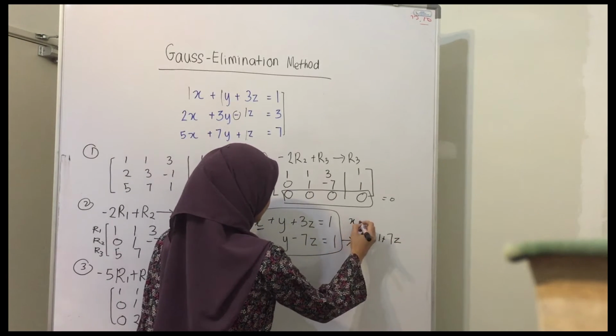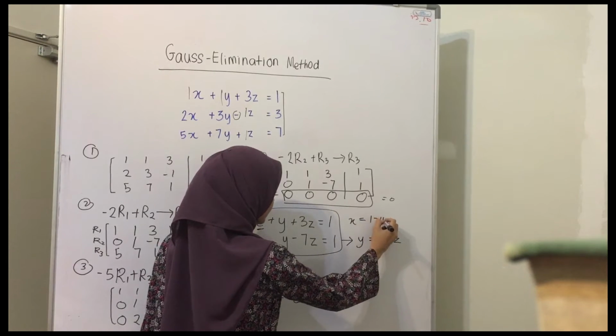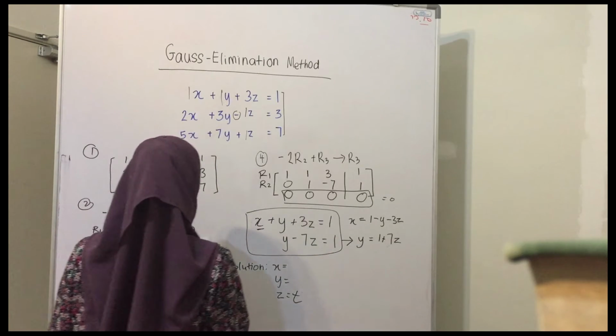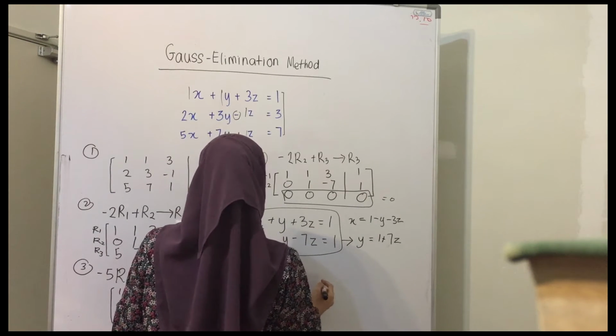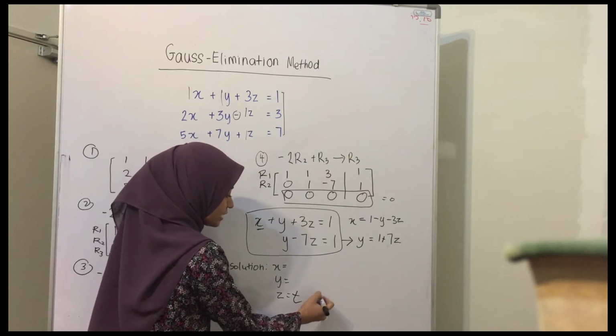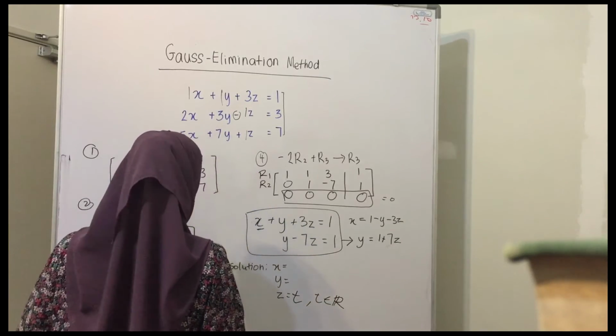And x is equal to 1 minus y minus 3z. Okay. So from here, z is equal to t. t is a real number.